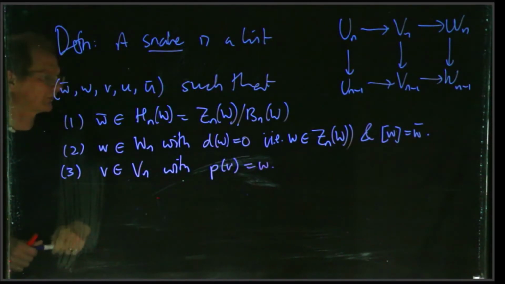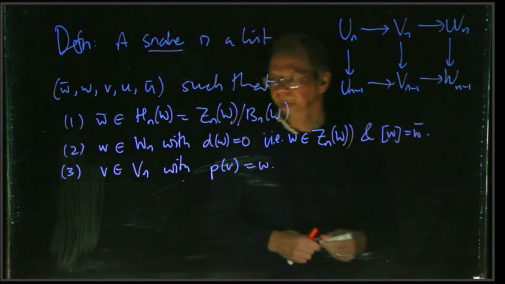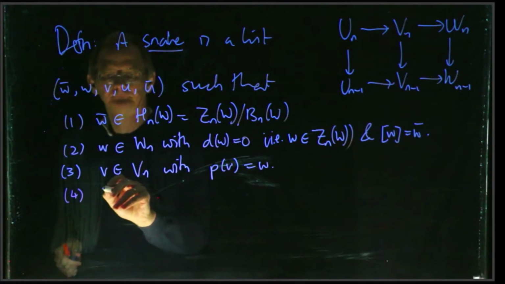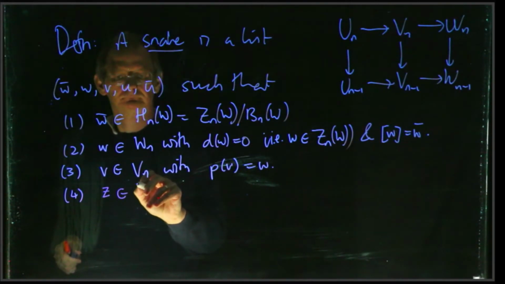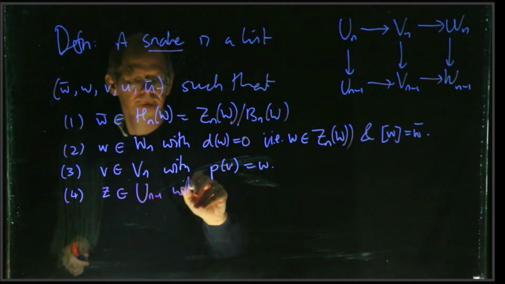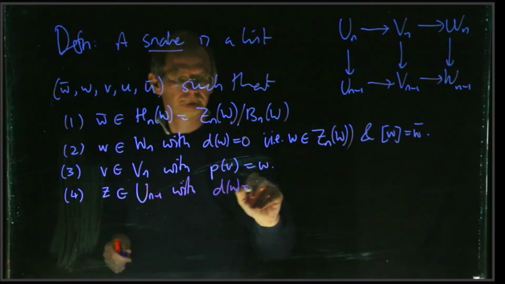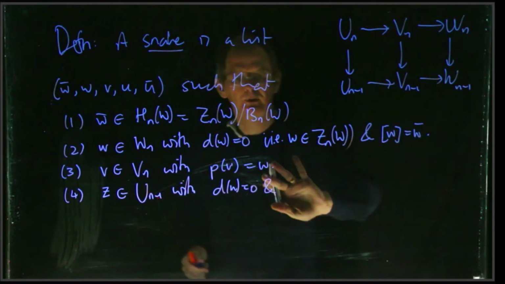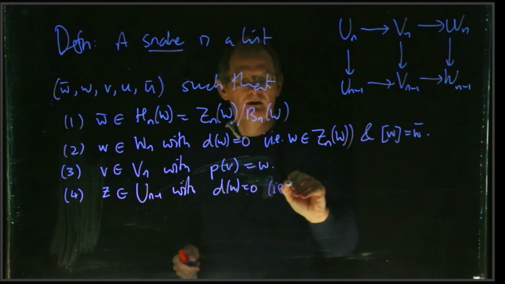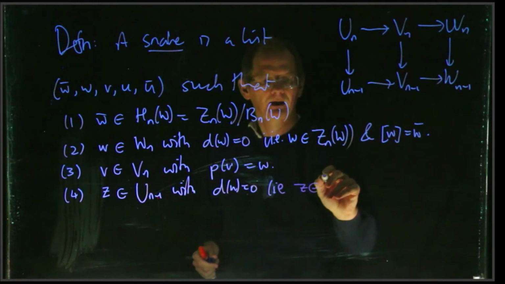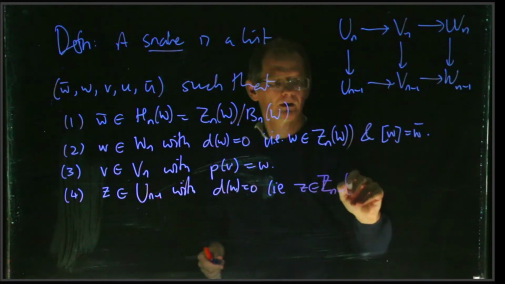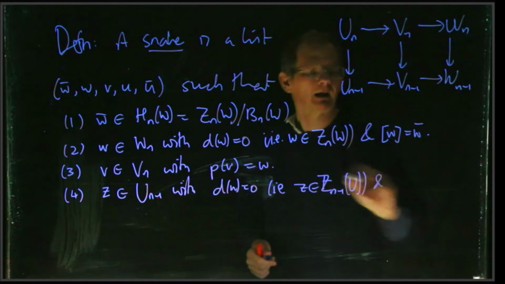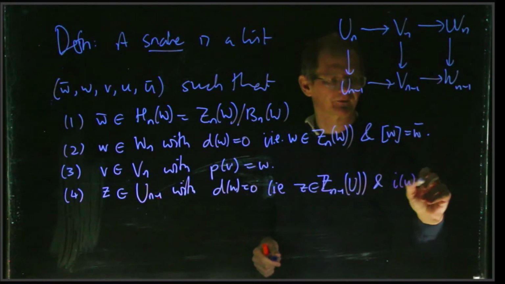Thirdly, V has to lie in V_n with PV equal to W. Fourthly, U is in U_{n-1} with dU equal to 0. In other words, U is an (n-1)-cycle for U. And then I of U is supposed to be the same as dV.